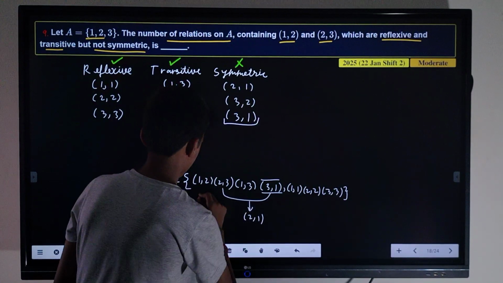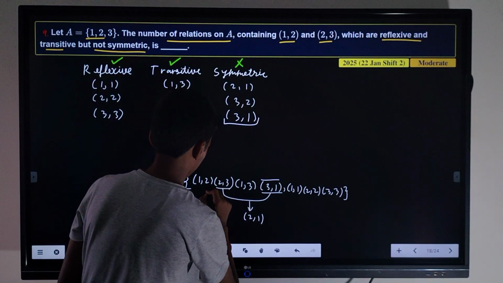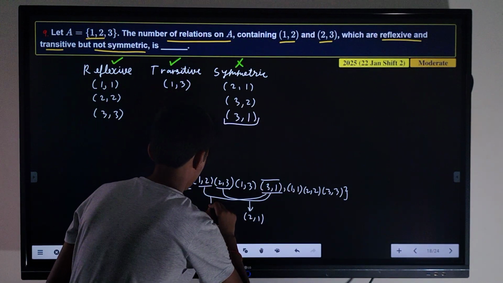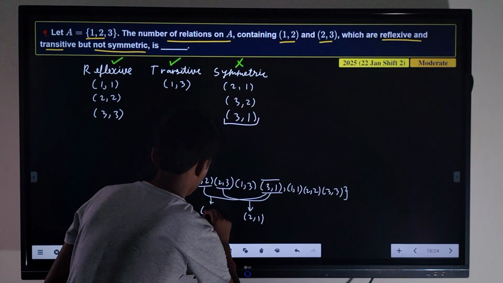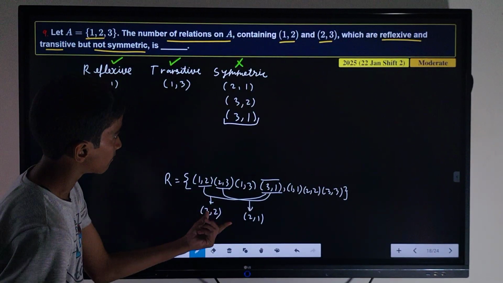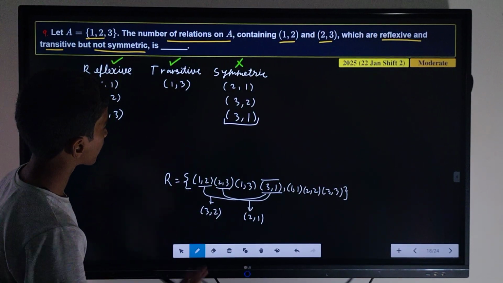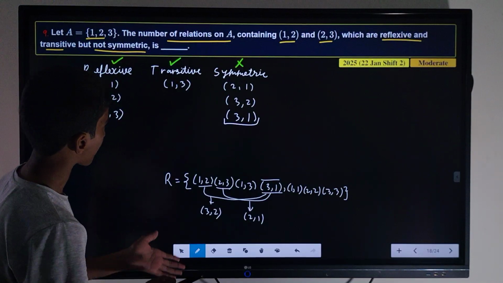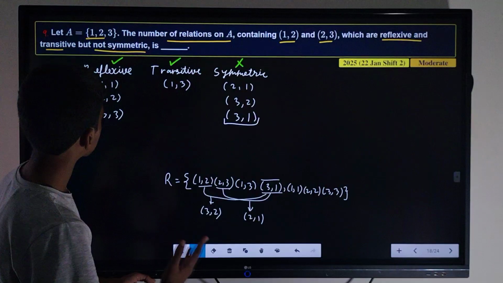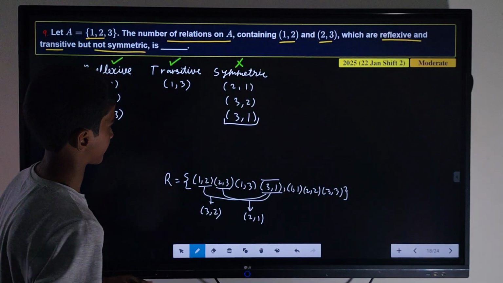And if we pair it with 1, 2, we will get 3, 2. So if we take 3, 1, we are not making it symmetric, but in trying to make our relation reflexive and transitive, it automatically becomes symmetric.